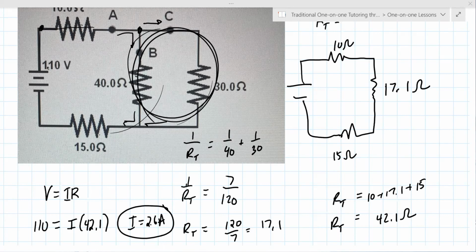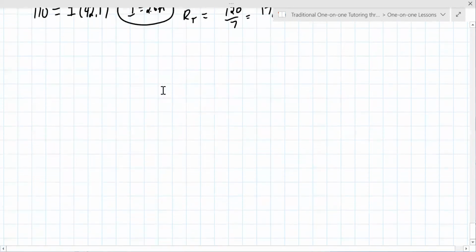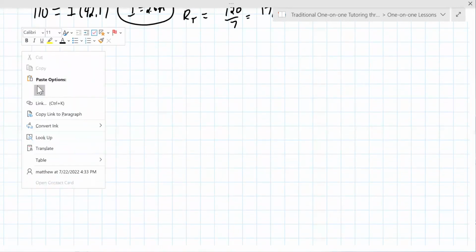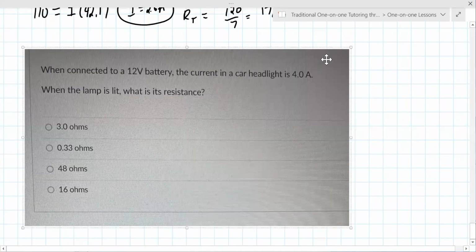What are we up to? We are up to question 13. Why don't I say 13? I'm just going to grab this one because it's actually not too bad. And then I'll go look for 13. I think 13 might be the one that's in an email by itself. I'll go back to that.